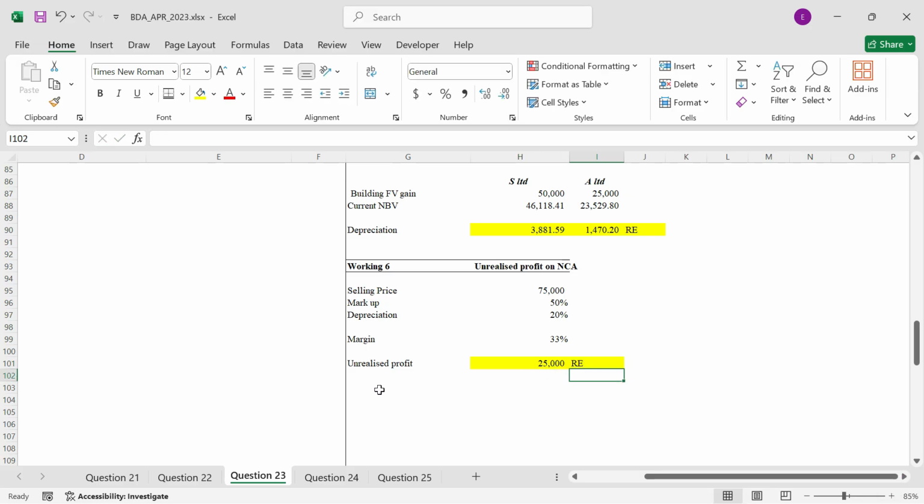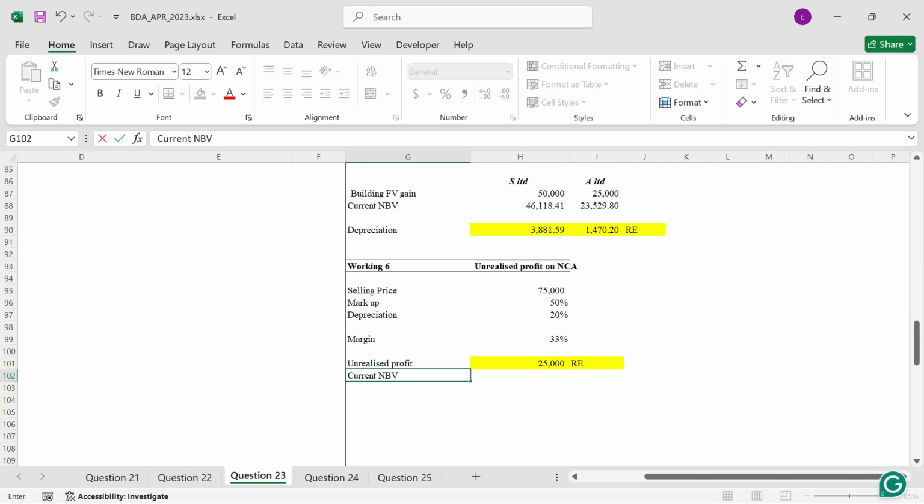But then that also means that I have extra depreciation. So I have an unrealized profit of 25,000, but this was 2 years ago. I have to account for the 2 years of depreciation. So how much value have I lost? The current NBV of unrealized profit would be, I have 25,000 losing value at a rate of 20% each year for 2 years.